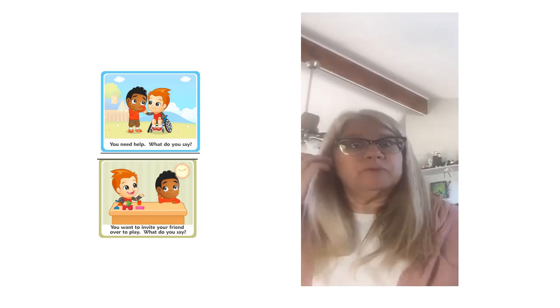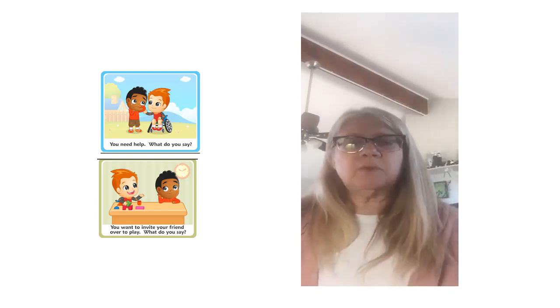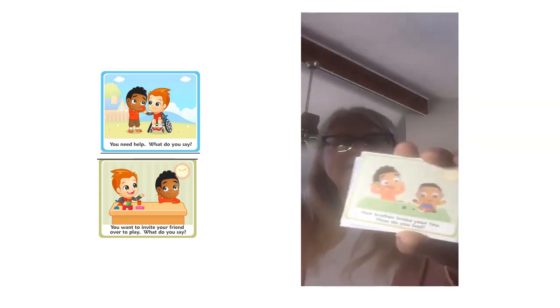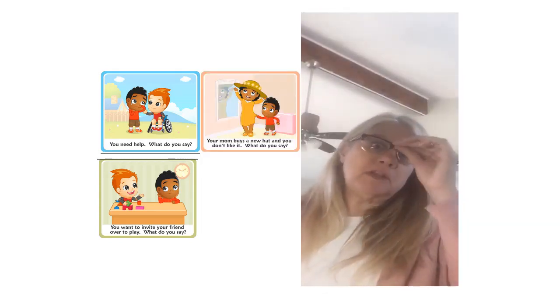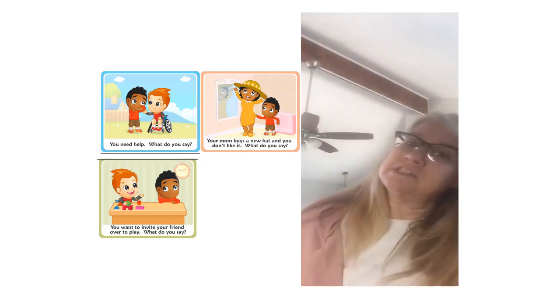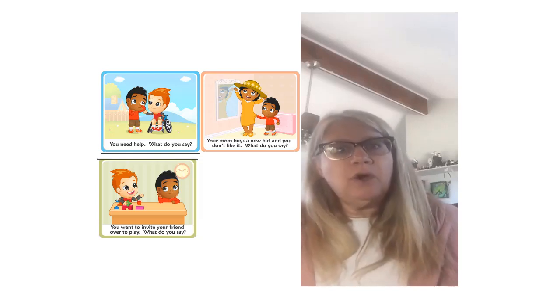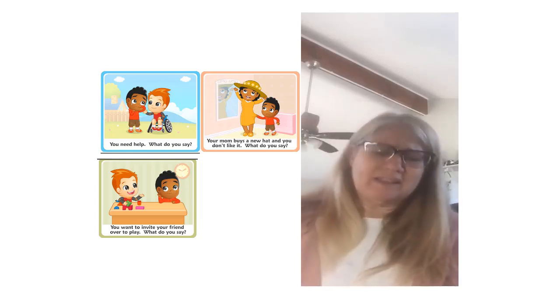I'm going to show you three more of these categories. There are seven altogether. Here's one for personal information. This is really important as our students are learning to communicate, to be able to tell people about themselves, or if there's ever an emergency situation, to know how to say, my name is, this is my phone number, this is where I live.